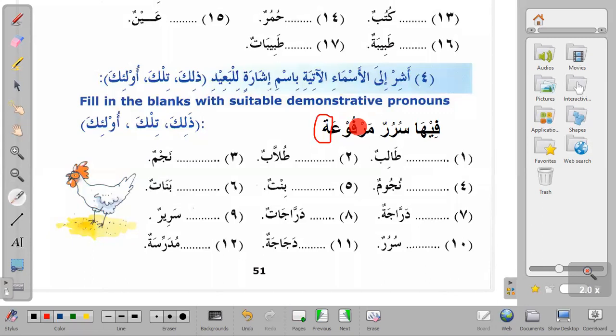For example, hakibatun, a bag. The teacher has raised a bag and is asking who it belongs to. So you say hakibatun marfu'atun, a raised bag. A bag that is being raised is called marfu'atun.